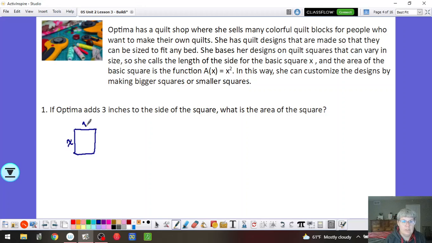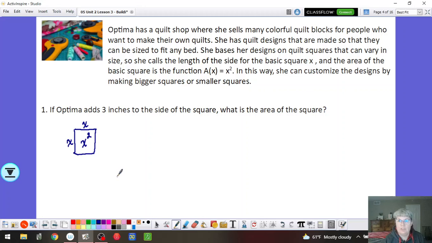And it has dimensions of x by x because it's a square. The area of the basic square is the function A of x equals x squared, and that's because we would take x times x to get x squared for our area.